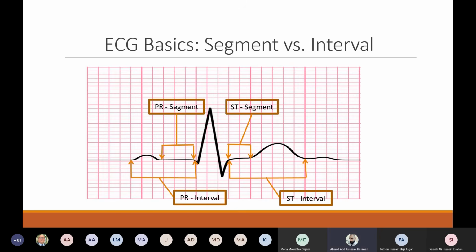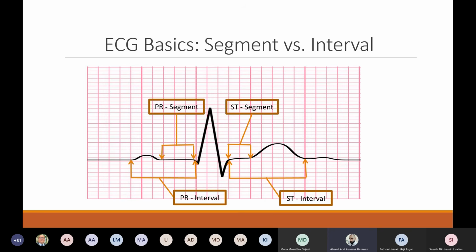Another term that we will mention now, and it's very important, is segment. Of course, by now you have heard of the ST segment here and there. If you hear the words segment and interval, what is the difference between them? Actually, a segment doesn't include a wave. So if you say ST segment, it means from the end of the S wave to the start of the T wave, so it includes neither the S nor the T wave.